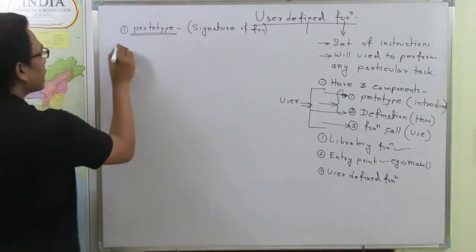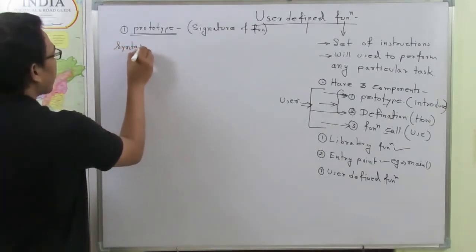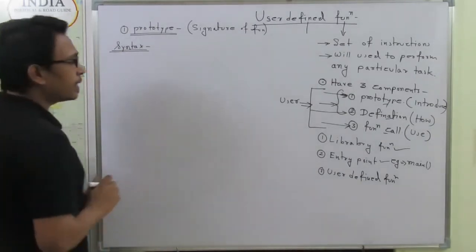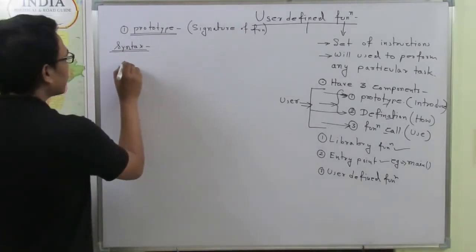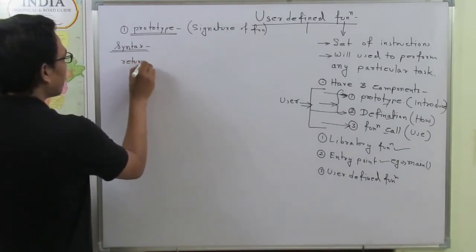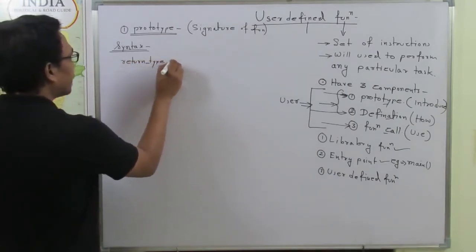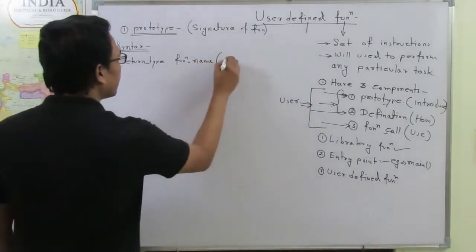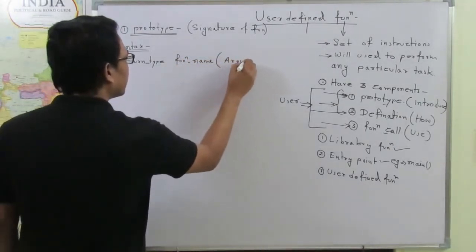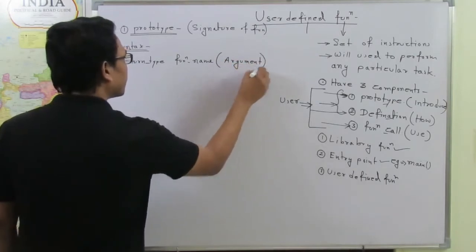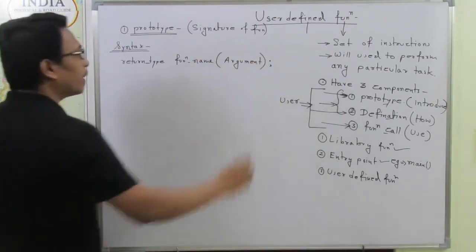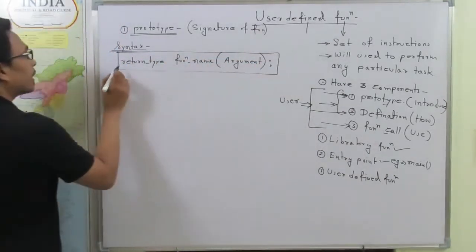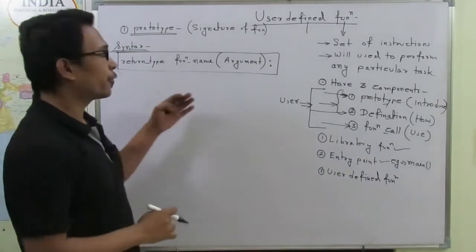Now what is the syntax for the prototype of a function? The syntax looks like: return type, then function name, then argument, and next a semicolon. This is the syntax for function declaration or prototype.